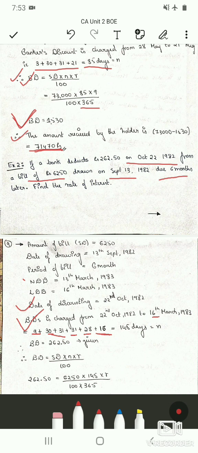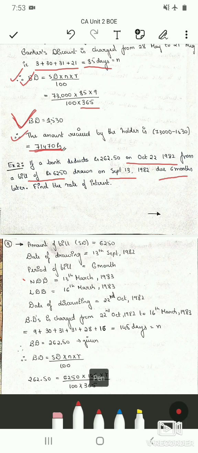If you add, you will get 145 days. So the days between 22nd October and 16th March next year is 145 days. That is your small n.